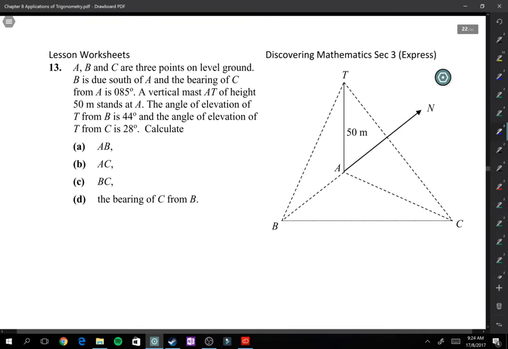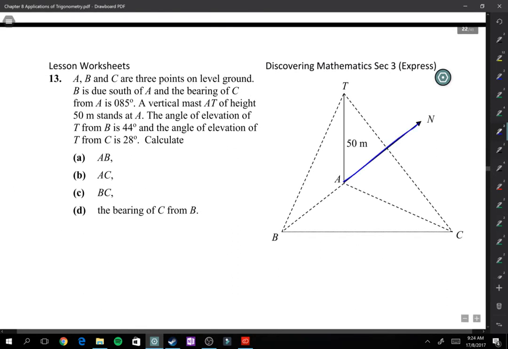Let me give you an example here. Now in this example the north is in this direction. They want to calculate the bearing of C from B. So start from B, draw the north, find C, and join this line together.